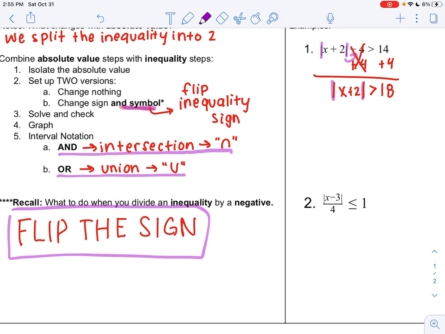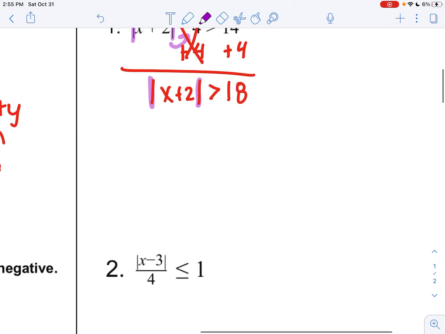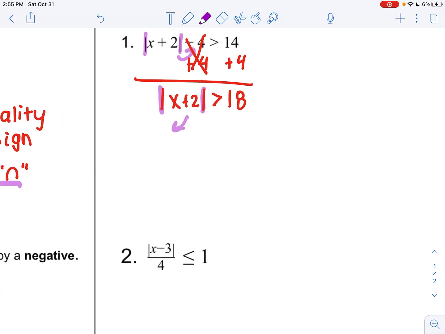Step 2 says set up two versions. The first one, you're going to change nothing, and the second one, you're going to change the sign and the symbol. So here we go. We're going to set up two versions. So the first one is going to be x plus 2 is greater than 18. So we changed nothing. And the other one is x plus 2 is less than negative 18.